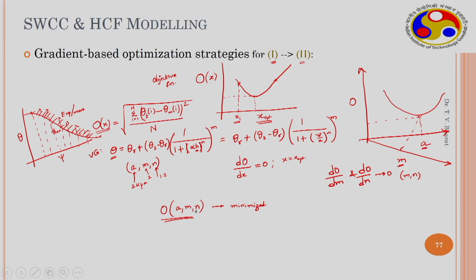There are several such optimization strategies using gradient, where sometimes they utilize the double derivative also. These are called classical optimization algorithms. They utilize the gradient of the objective function with respect to the model parameters to determine the optimum parameters.